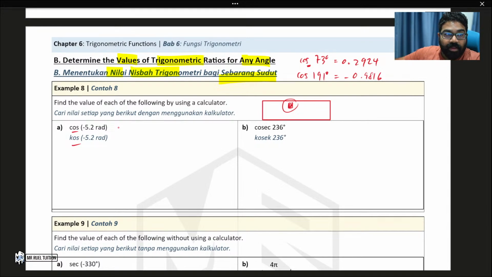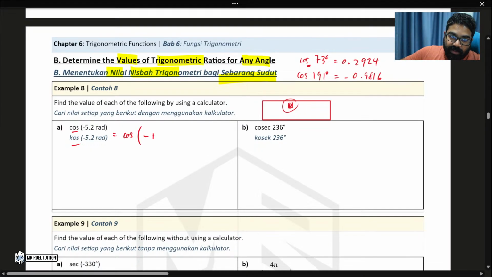So cos negative 5.2 radian. What you do now is change to degrees in your calculator. Very easy, isn't it? Times 180 over pi. So you just do cos of minus 5.2 times 180 over pi.